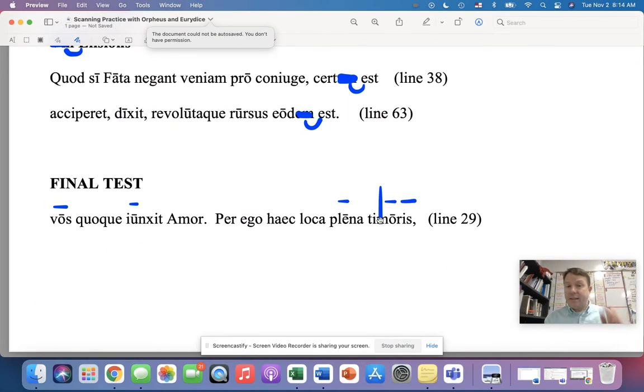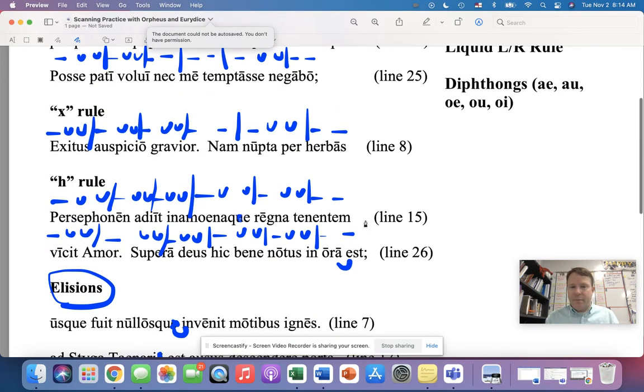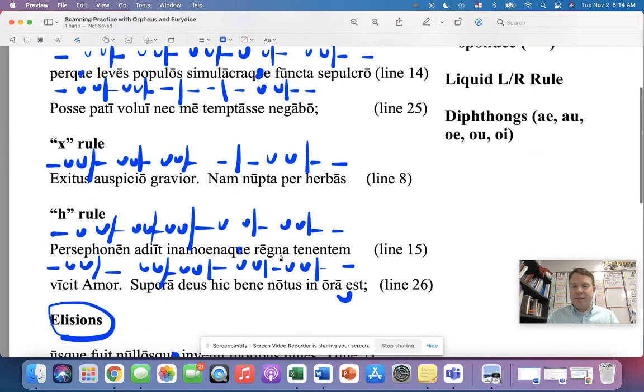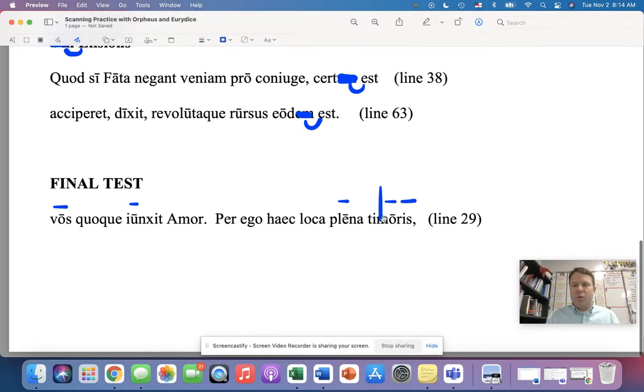And remember the second to last foot was always a dactyl, and then we got that spondee, or really there's even a special name for it. It's called a trochee. Okay, so plainatimoris. There we go. All right.